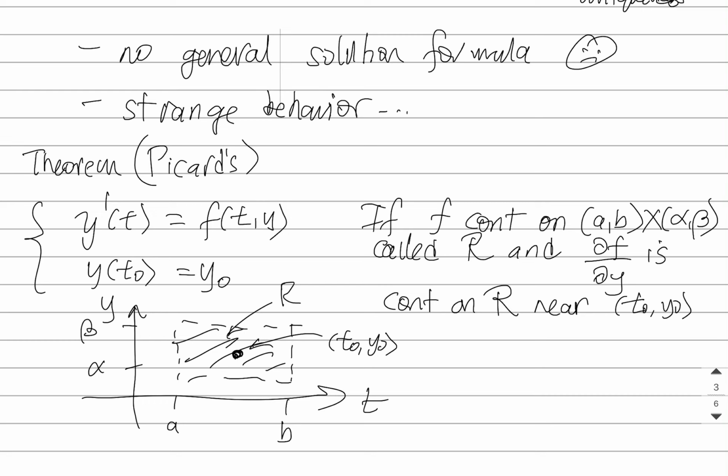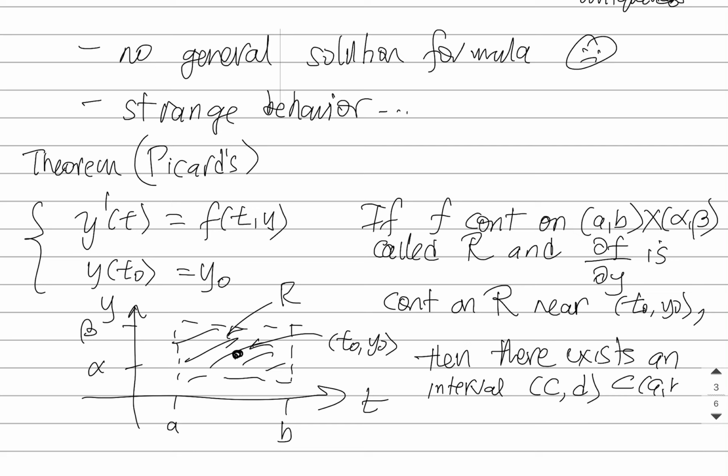So if these conditions are true, then there exists some interval, which we're going to call CD, and we don't know what it is. It lives somewhere between A and B. So in terms of the picture, let's say C and D are somewhere here.